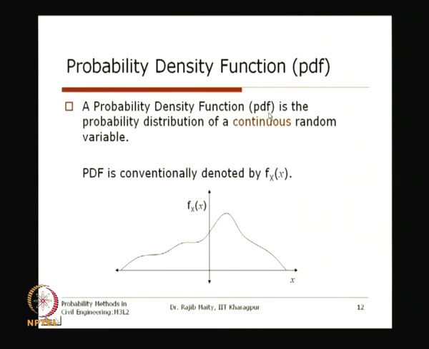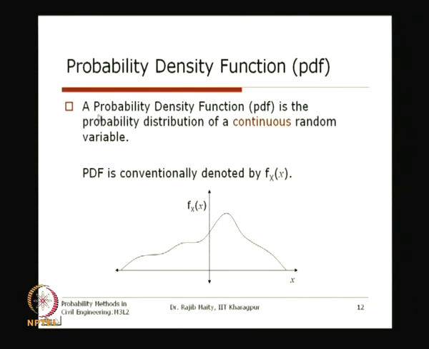Do not get confused about this abbreviated form. This abbreviation will be followed in this lecture, but in some standard reference books you may get other notation. Here we abbreviate probability density function as lowercase pdf, just to differentiate it from the cumulative distribution function, where the D stands for distribution; here this D stands for density.